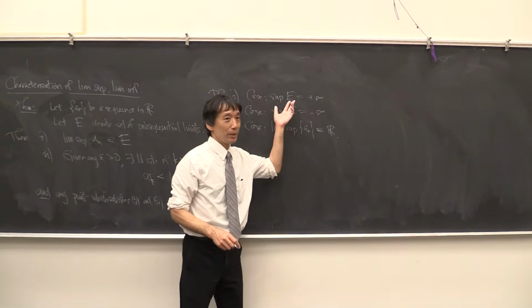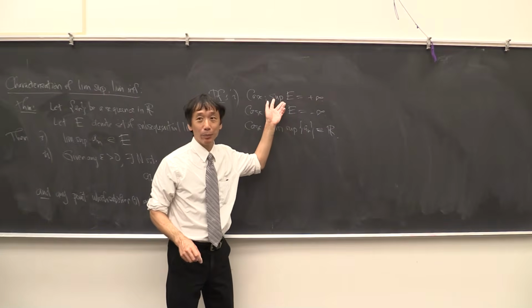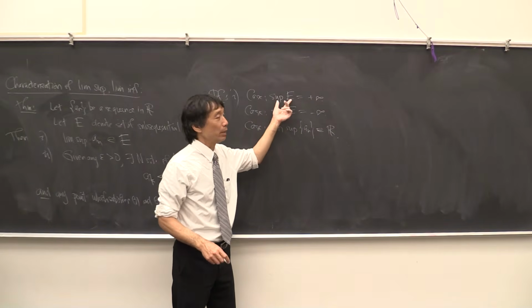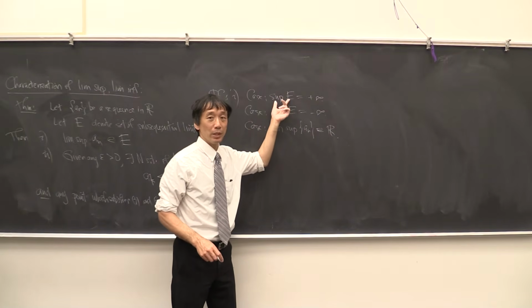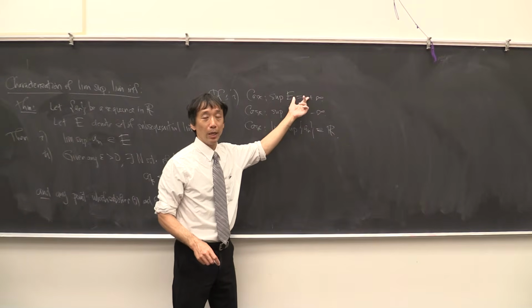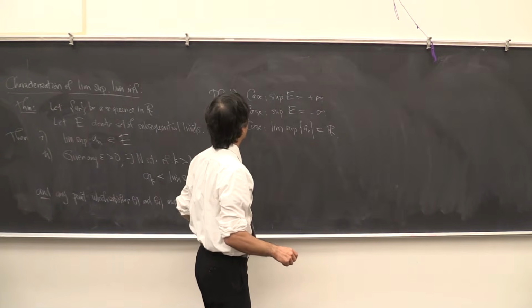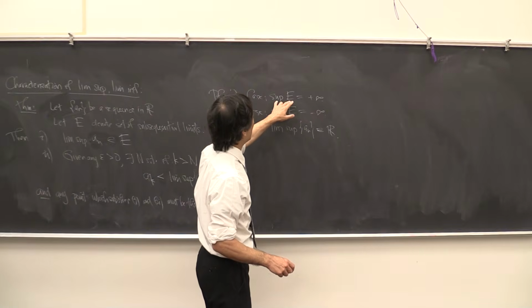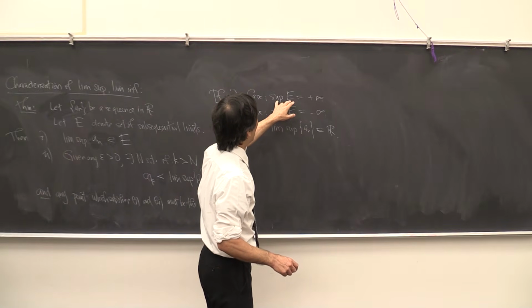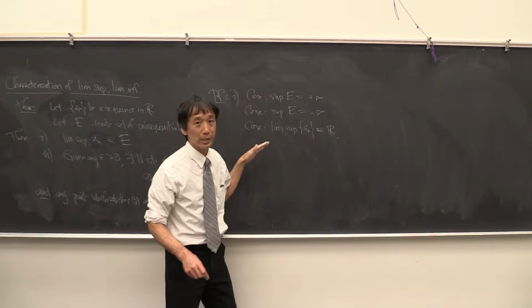Okay, so the first two cases are not particularly interesting. If the lim sup is infinity, that tells you that there is an unbounded sequence.